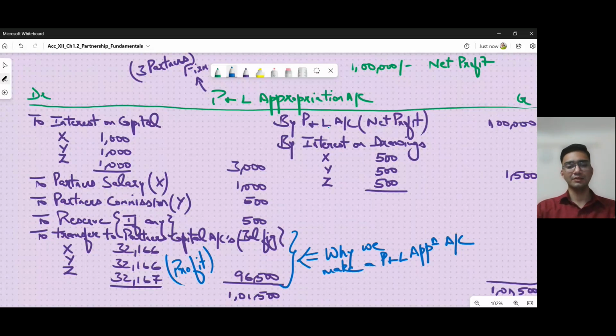Now let's look at the difference between a charge against profit and an appropriation of profit.